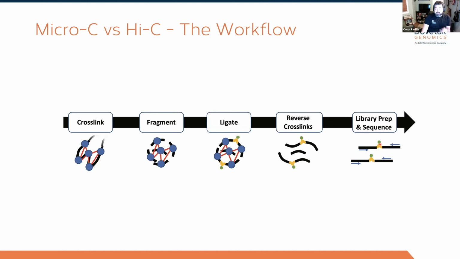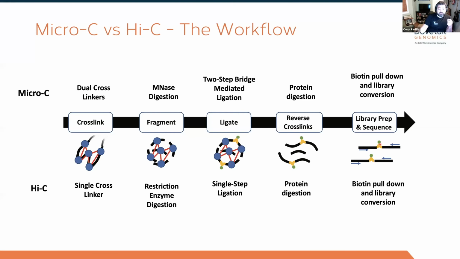And so the differences between micro C and Hi-C really come into play in a few different areas. So I'm showing the difference in micro C on the top compared to Hi-C at the bottom. So for micro C, we use a dual crosslinker, which better stabilizes the chromatin interactions, as opposed to a single cross-linker, formaldehyde, which is used in Hi-C.